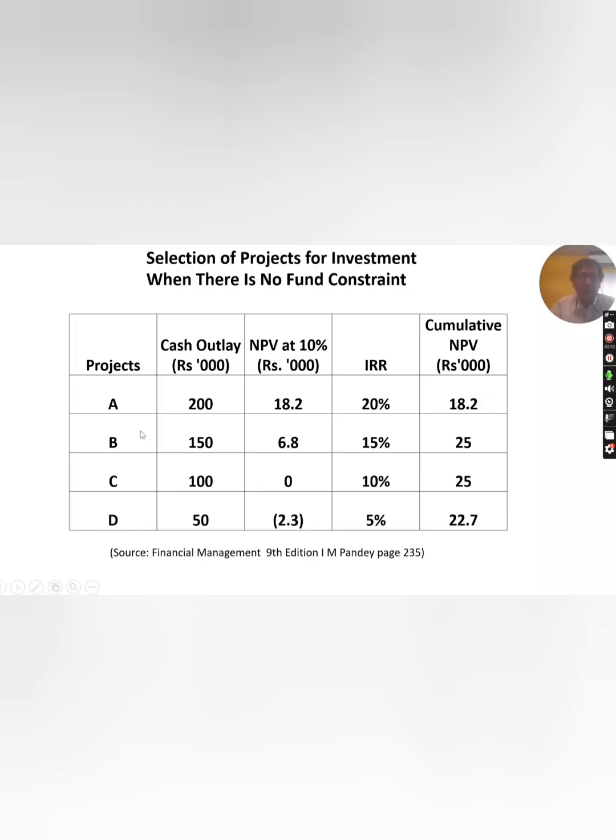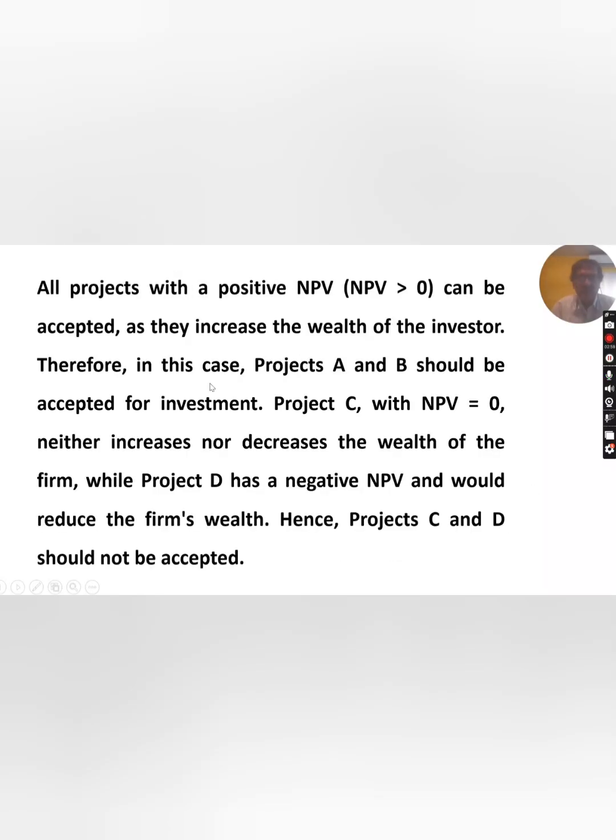As long as the project gives positive NPV, it should be accepted. Okay, it is elaborated here. All projects with a positive NPV can be accepted, as they increase the wealth of the investor. We have to keep in mind the requirement of the investor. The investor is interested to get more wealth.